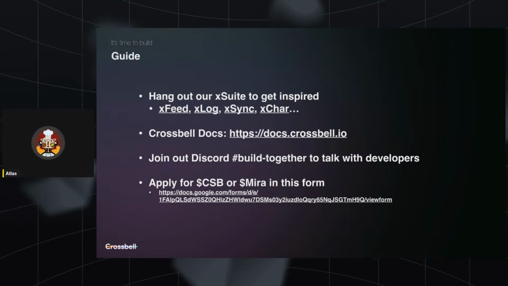And if you already feel ready to start building, you cannot miss the Crossbell document. It includes everything you need, including the protocol introductions, contract specifications, SDK usage, and the React UI UX kits. Yeah, but I'm sorry for that.